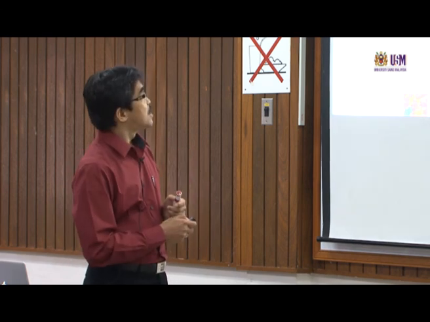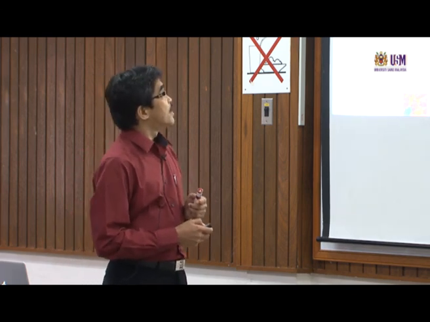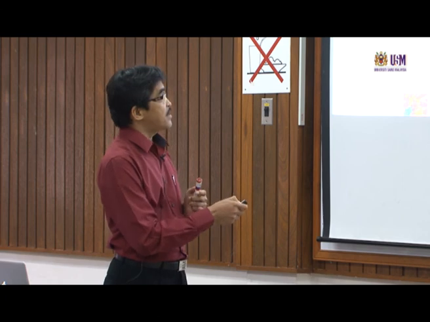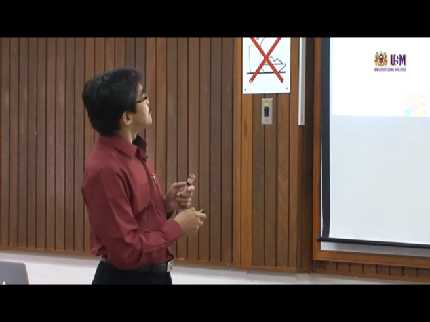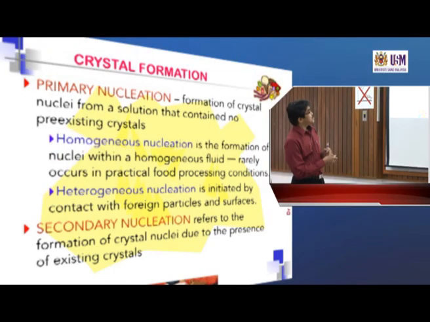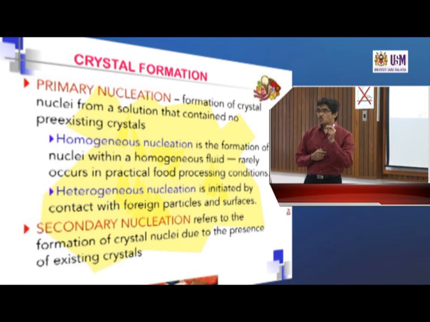So what's the difference between homogeneous and heterogeneous? What's the difference between primary and secondary nucleation first? Primary nucleation means formation of crystal nuclei. We use the term nuclei to show plural. Plural means small, a lot. For one, we use the term nucleus, for more, nuclei.